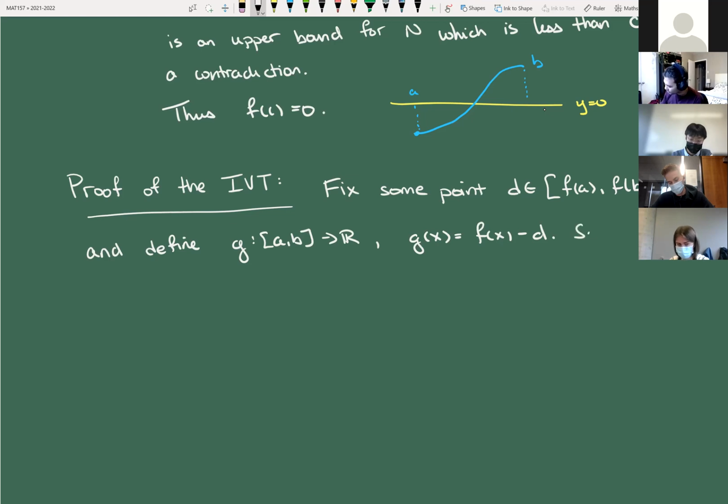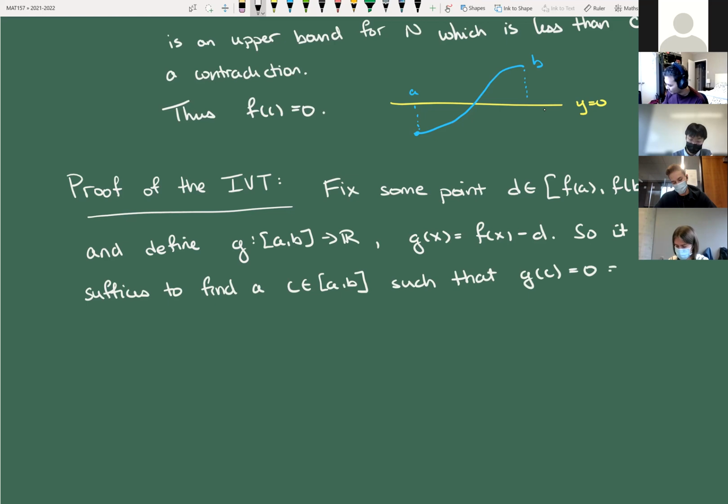So it suffices to find a c in [a,b] such that g of c is equal to 0, right? Because in that case, we would get f of c minus d is equal to 0, and so f of c is equal to d, right?